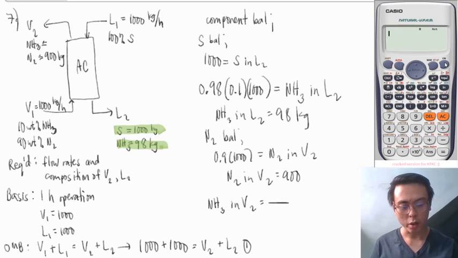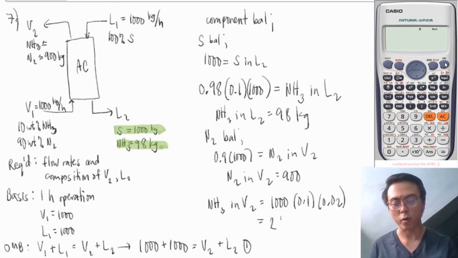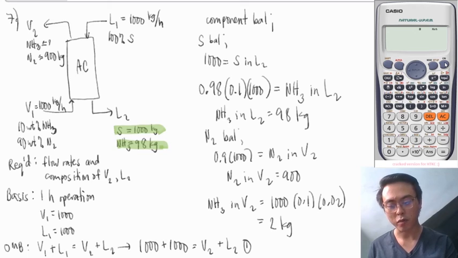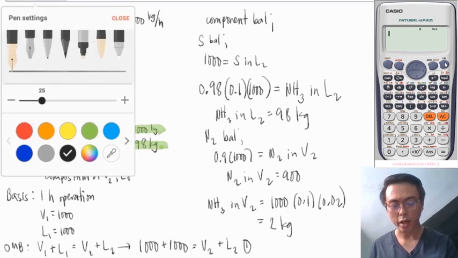So that will be 1,000 times 0.1 times 0.02, which is 2 kilograms. Therefore, we only have 2 kilograms of ammonia remaining in V2. Let's highlight that.